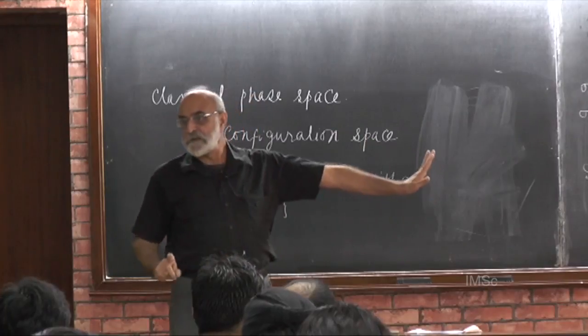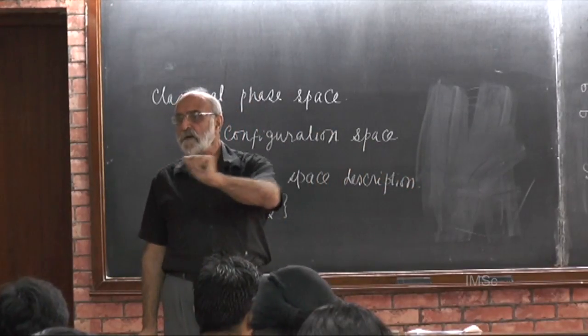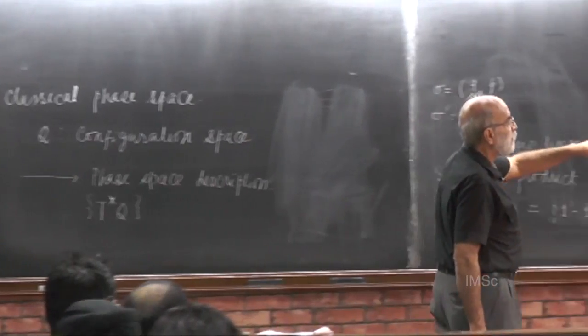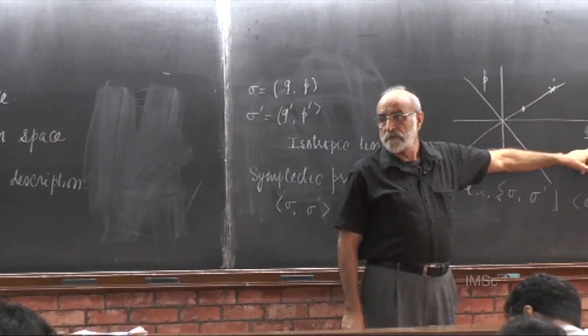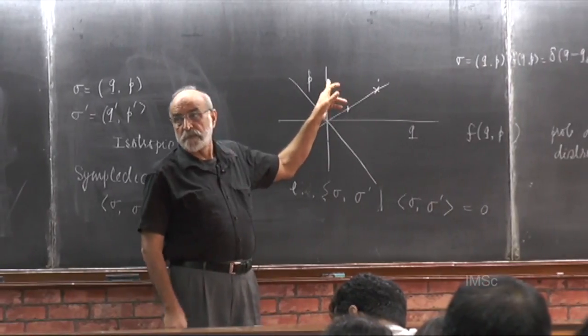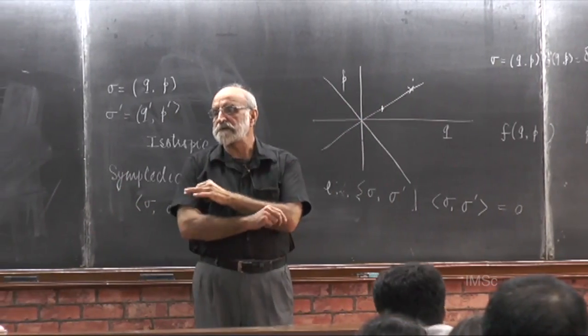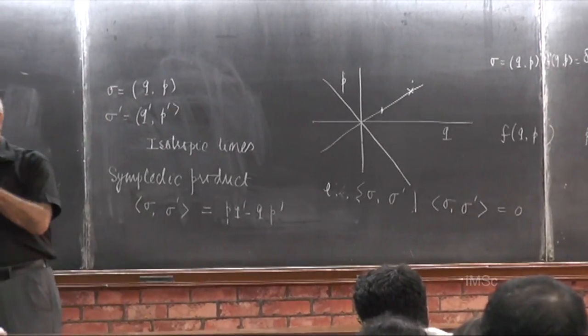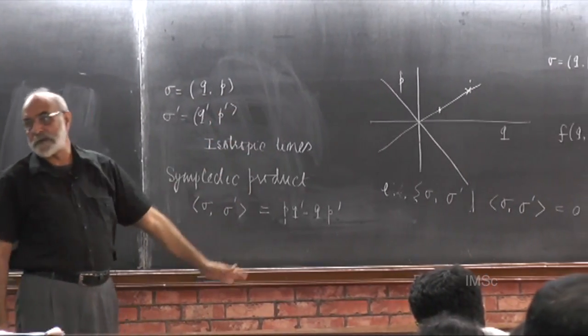Now we have got a phase space, for example, for a particle on a real line. Then we say that Q describes the position and P is the momentum. Q and P by that construction take values from minus infinity to plus infinity. We put it together in the form of a plane.